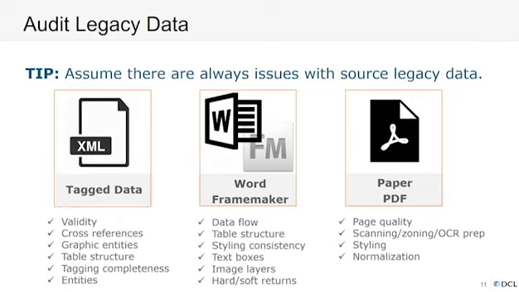Now, it's true that you need to deal with the quality of the pages and deal with scanning and OCR and zoning and normalizing the data afterward, but it gives you more options to prepare and manipulate the data and massage it before conversion to make the conversion more successful.